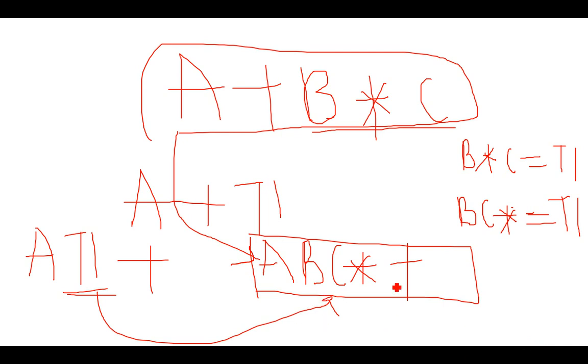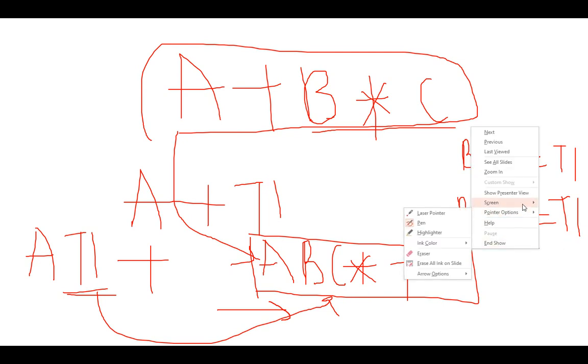This form of representation allows us, whenever we are evaluating, to go from left to right. First we search for an operator. For example, my postfix notation is A B C into plus, and I want to evaluate this.